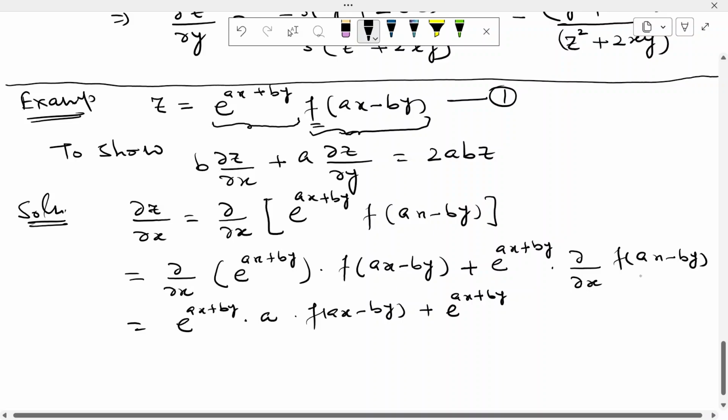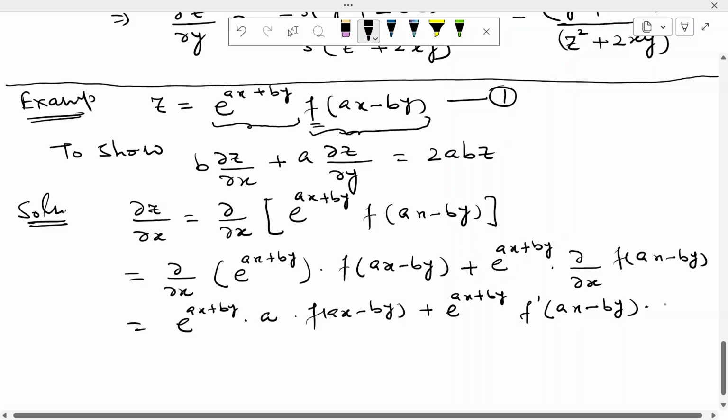Now the derivative of this: because we do not have any explicit expression of f, we just represent this by f prime, meaning the derivative of f. Again this is the case of function of function. So now you need to differentiate ax minus by with respect to x.